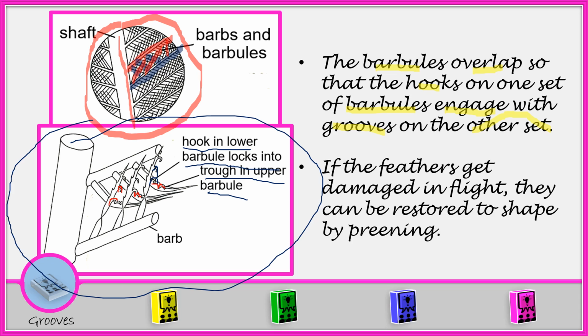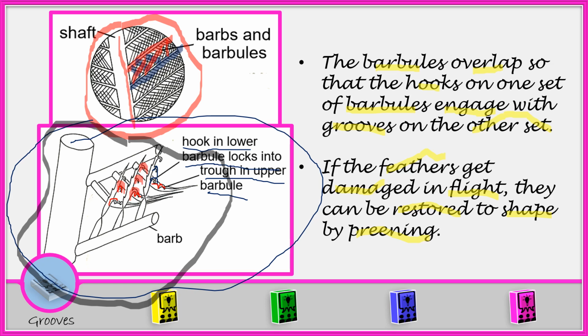If the feathers get damaged in flight, they can be restored to shape by preening. Now we have already seen the hen or the birds preening themselves. What they are doing is trying to make sure that the hooks go back and interlock with the grooves.